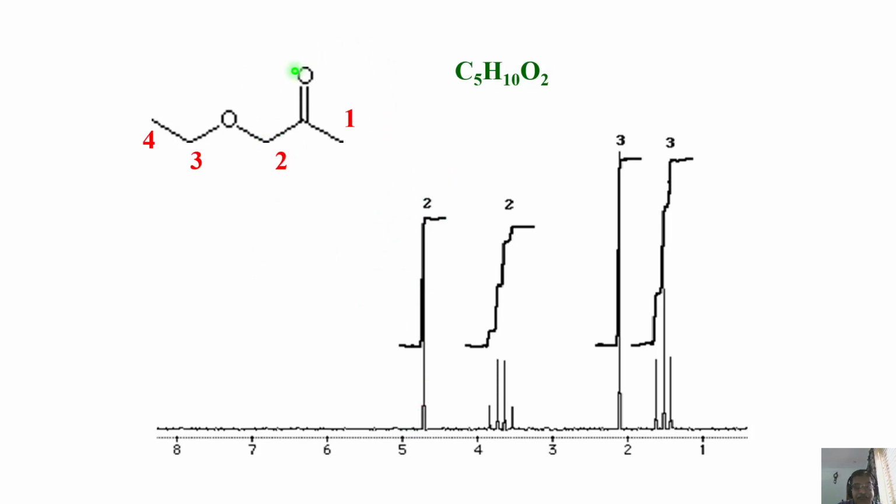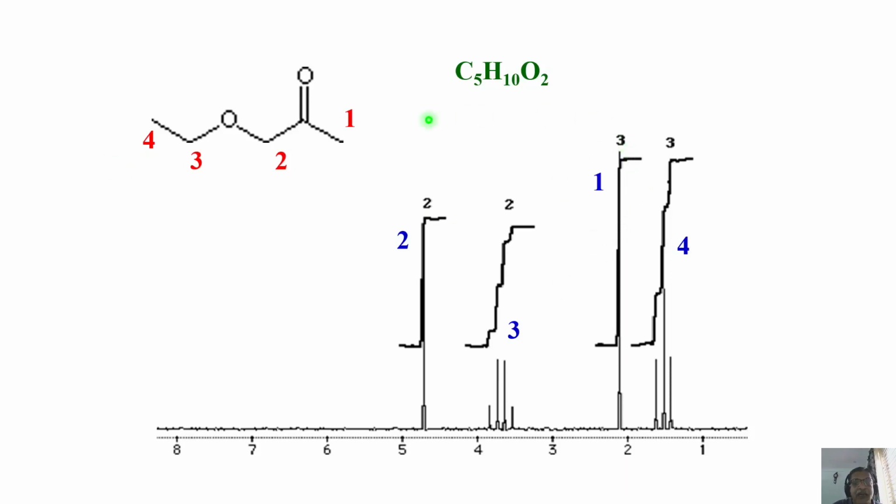As I said in the previous case, there is an OCH3 group. Here it is not OCH3 alone, C double bond O, OCH3 is there. This CH3 is not coupled to anything and remains a singlet of intensity 3. Very clear, right? So the analysis becomes very simple. Now you make the proton assignment. I have numbered the protons here, and you can assign the peaks with the same numbering.